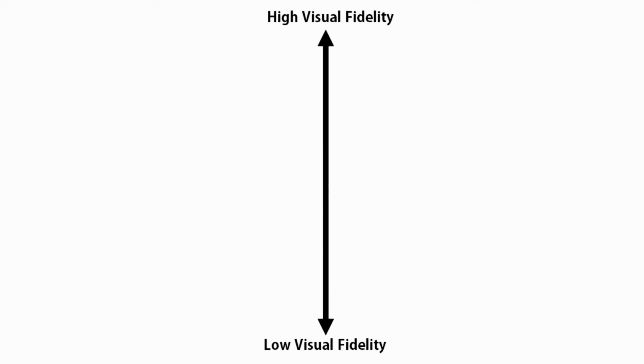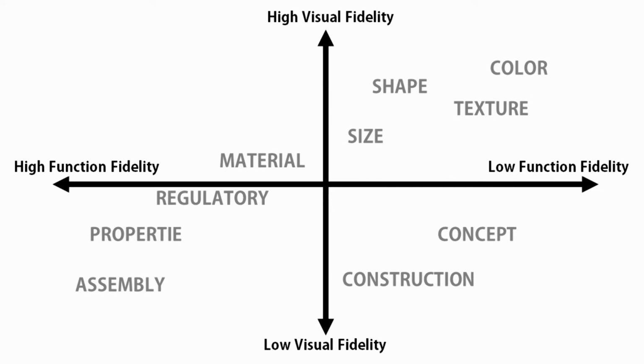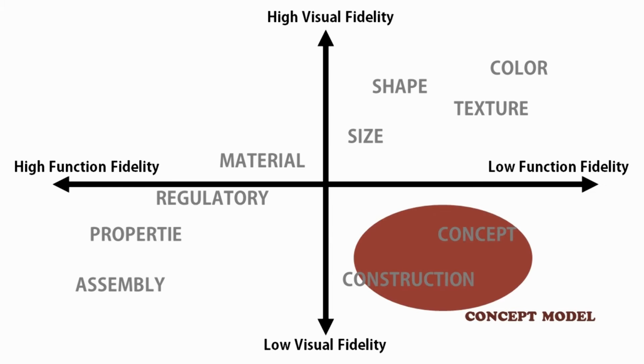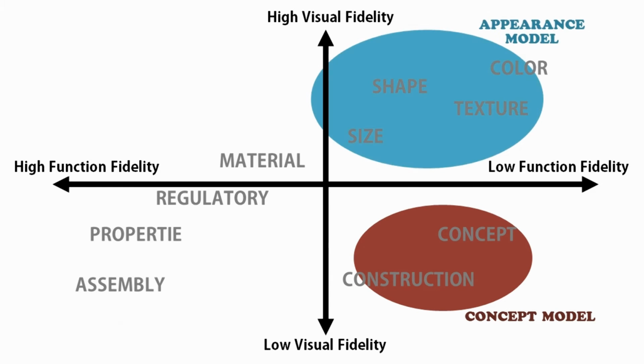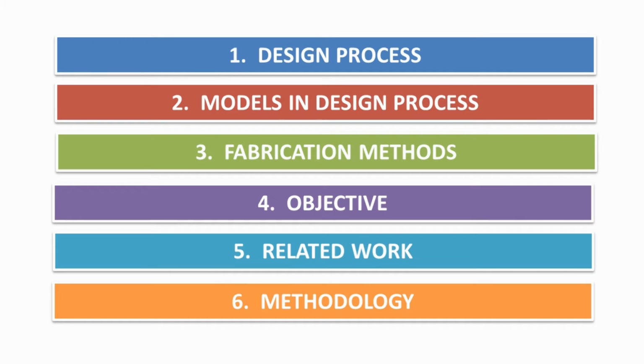These dimensions of fidelity are called visual fidelity and functional fidelity. By varying the model's methodology along these 2 dimensions, models are divided into 4 categories: concept model, appearance model, function model, and final model. We know there are 4 types of models. Now, the problem is which fabrication method should be chosen when designers make different types of models.